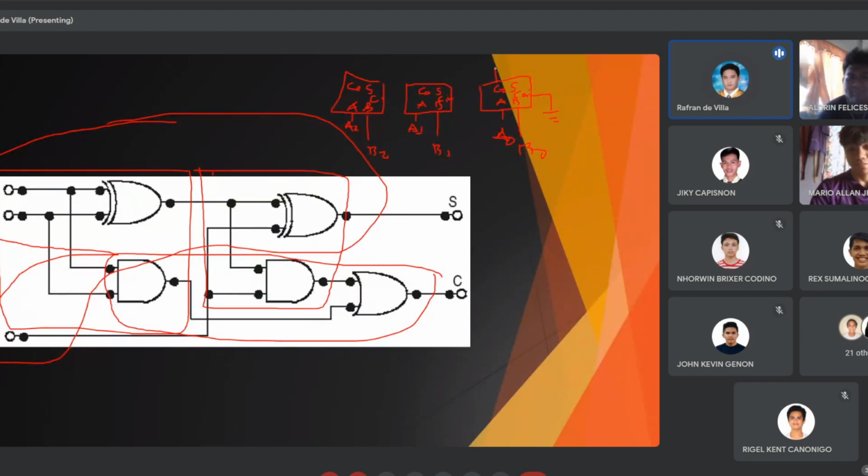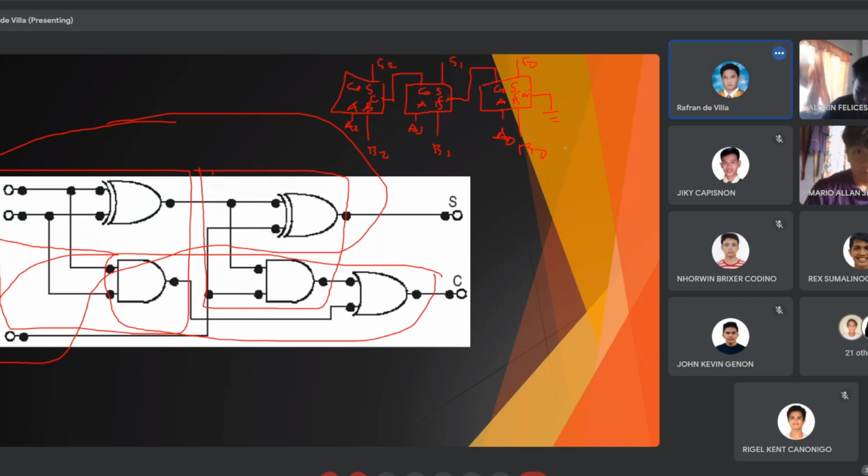Ang carry out niya, sa first number, will serve as an input for the carry in for the next full adder circuit. The same is true for this one. Ang output ani niya will serve as an input for the next significant sum. Okay? So this will be the output S0, S1, S2.